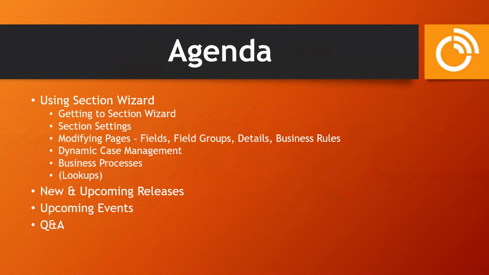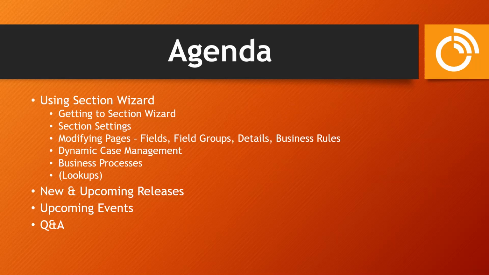So today we're going to be going through the Section Wizard, which is a very important and integral part of using Creatio. In this, we're going to get to know Section Wizard, just the quick and dirty details.